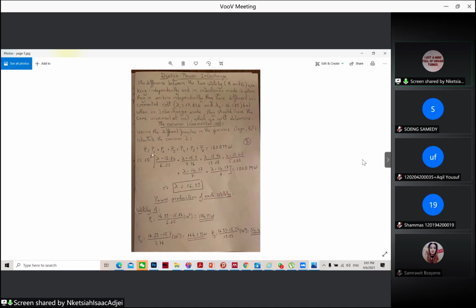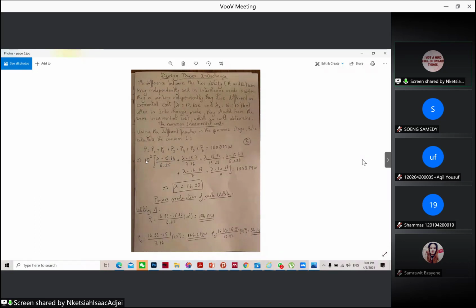Now, as we have done for both utility A and utility B, a sum of the total power, that is P1 plus P2 plus P3 plus P4 plus P5 plus P6, will give us a total of 1,800 megawatts. And then we've already found our calculations, so working with our lambdas will be easier for us.